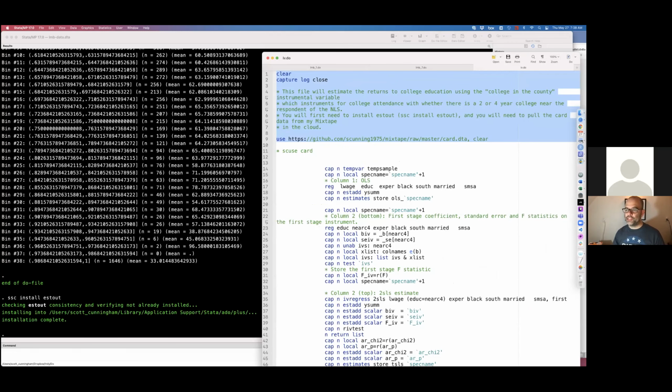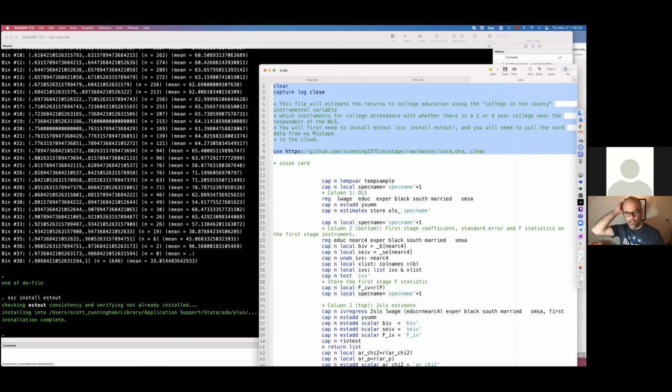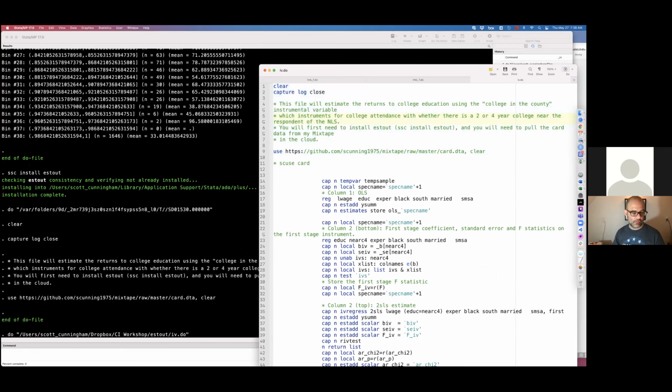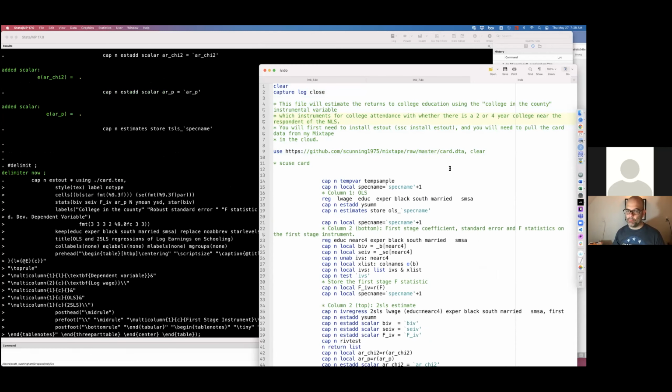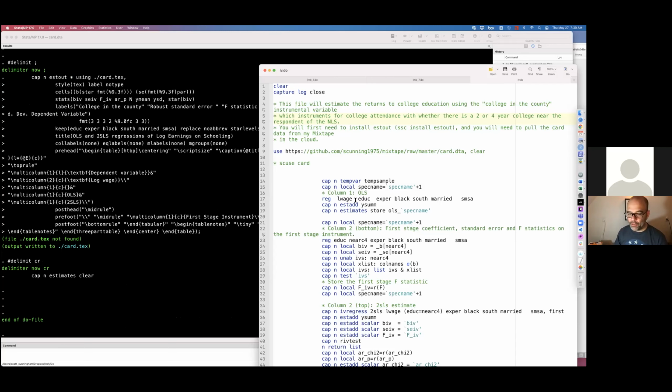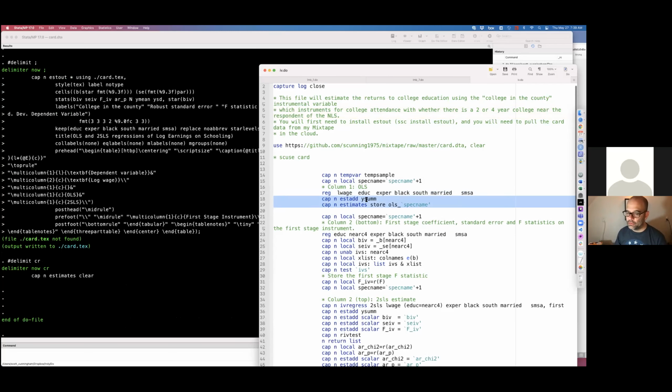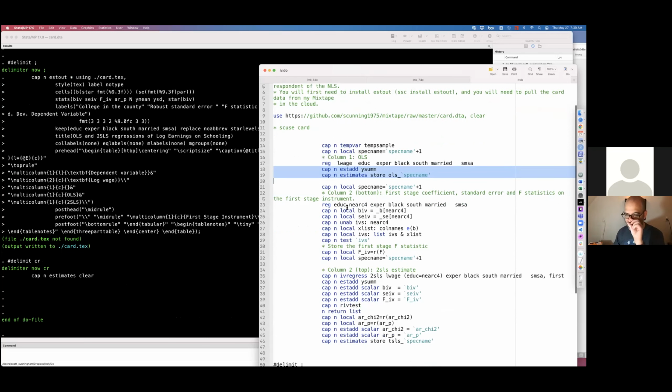Now this is just how to make a LaTeX table automatically in Stata. So I'm going to run the whole thing. Let's see if it runs. I went through here, and here's my OLS regression. I saved my estimates. Here's my first stage. Save my estimates.